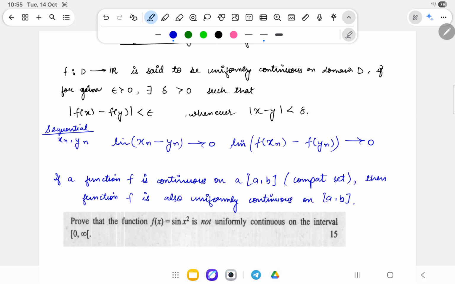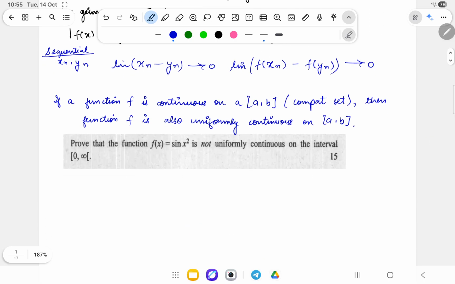That means that on a compact set a continuous function is also uniformly continuous.